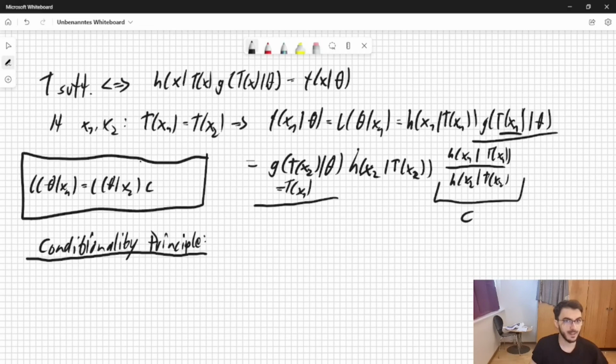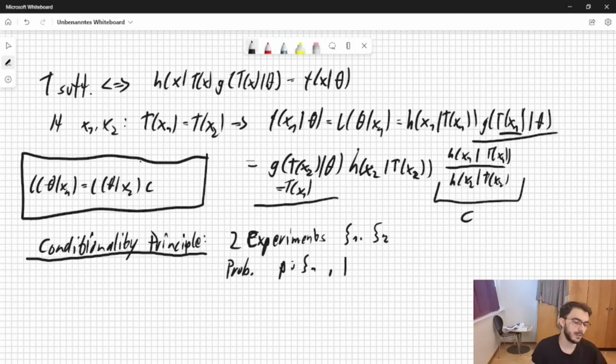It says if there are two experiments, let's call them Xi1 and Xi2, and there's a 50-50 chance, it doesn't have to be 50-50, it can be p and 1 minus p, that I get Xi1, and there's probability 1 minus p that I get Xi2 as an experiment, and then I know that I get Xi2.